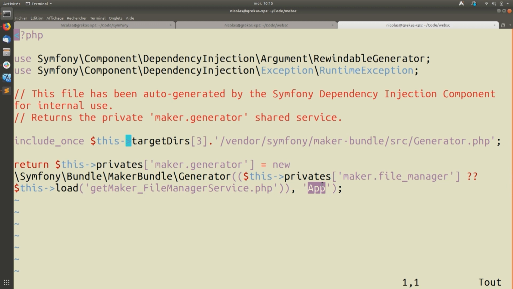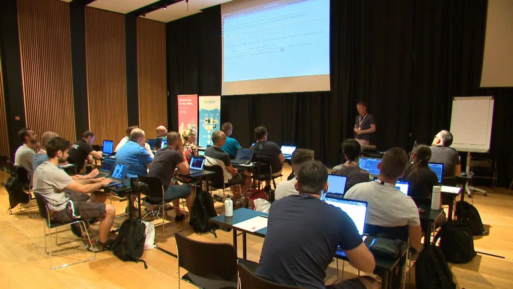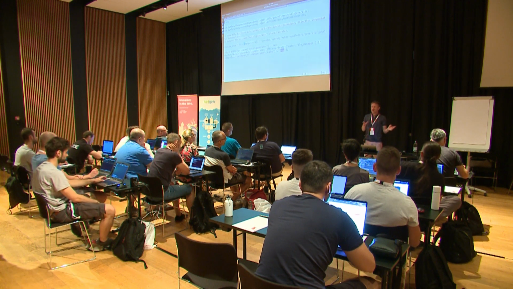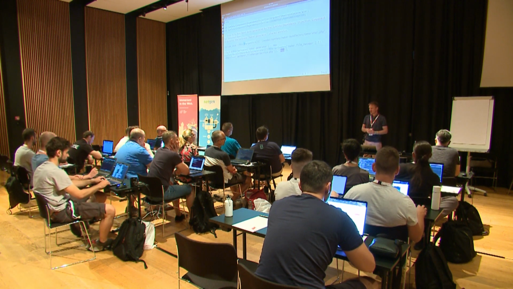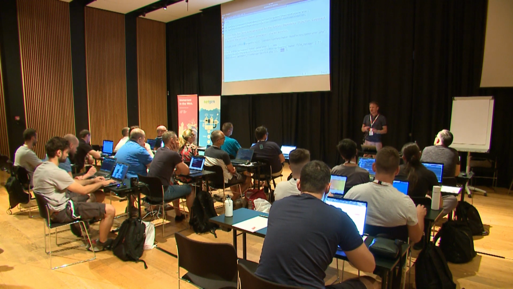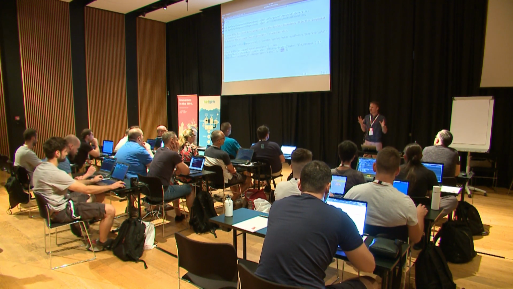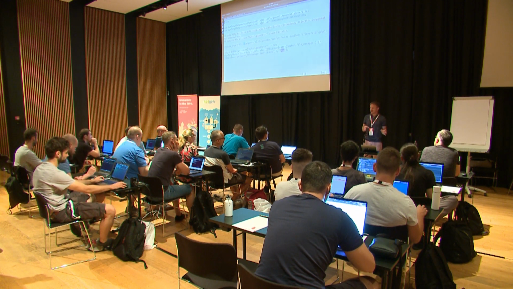Right? Yes? Is the list of inline services hardwired or can it be configured? So the list of services that are dumped there is controlled by a tag. The tag is called container.hotpath. So if you tag a service with container.hotpath, then it will be inline.